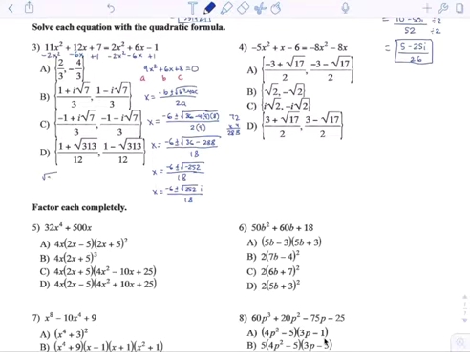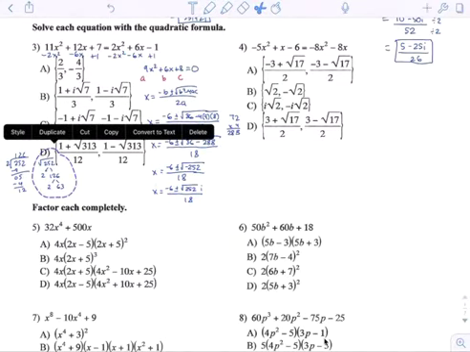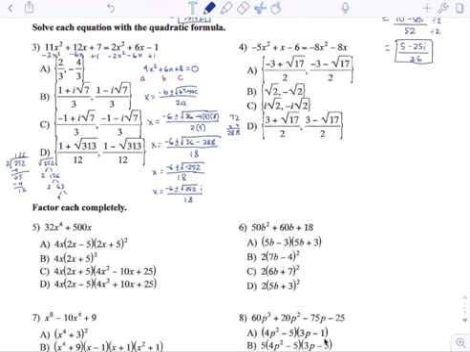So radical 252, that's 2 times 126, 2 times 63, and that 63 is going to be 9 and 7, and that 9 is 3 and 3.